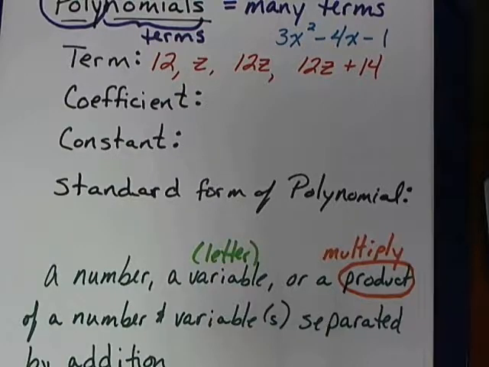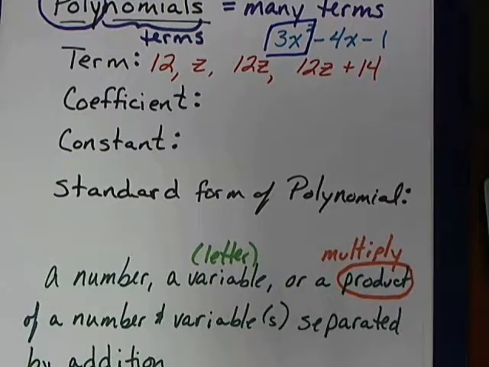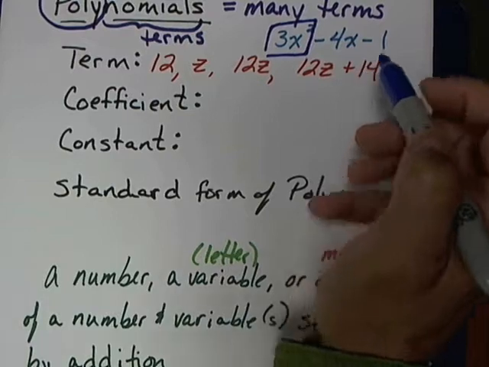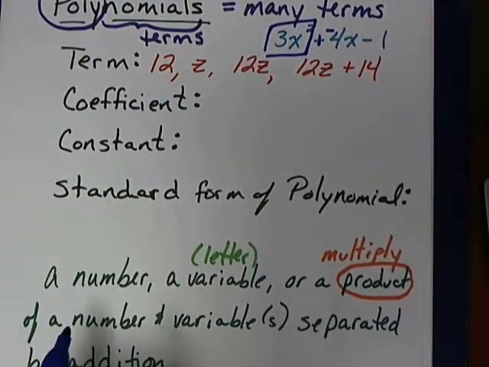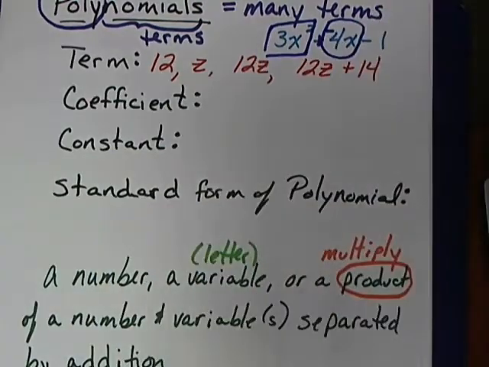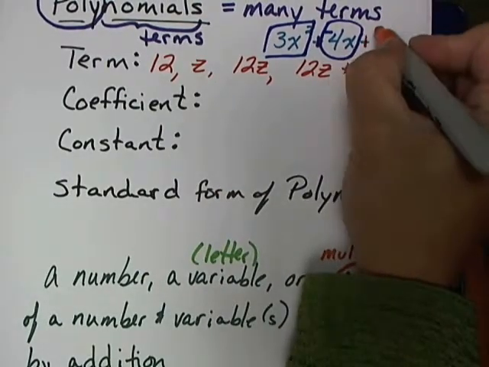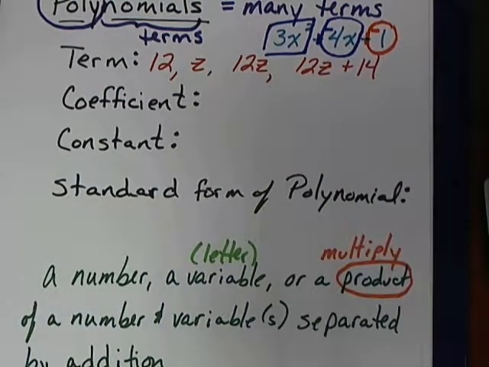The first term is the 3x squared. The second term is the negative 4x because the sign in front of the term goes with the term. Because remember, this is adding the opposite. Remember change, change? And so we have a negative 4x here. And the same thing for that last one. We do a change, so it's plus the opposite. And we have a negative one. So the three terms there are 3x squared, negative 4x, negative 1.